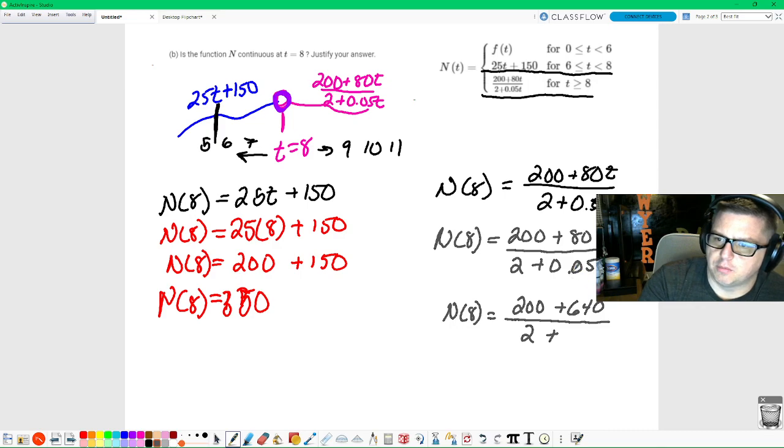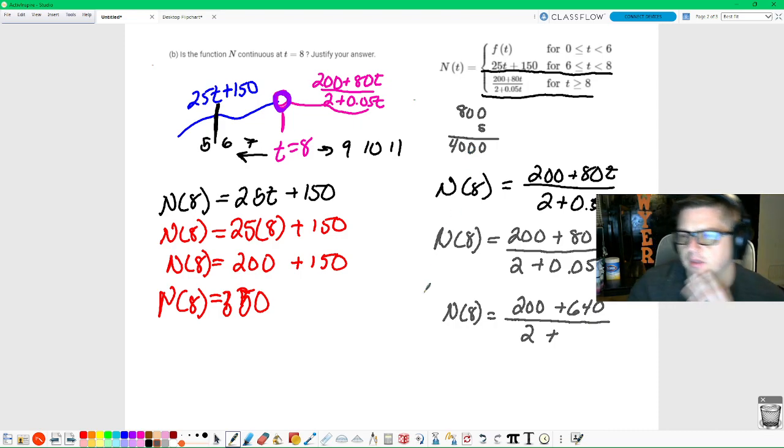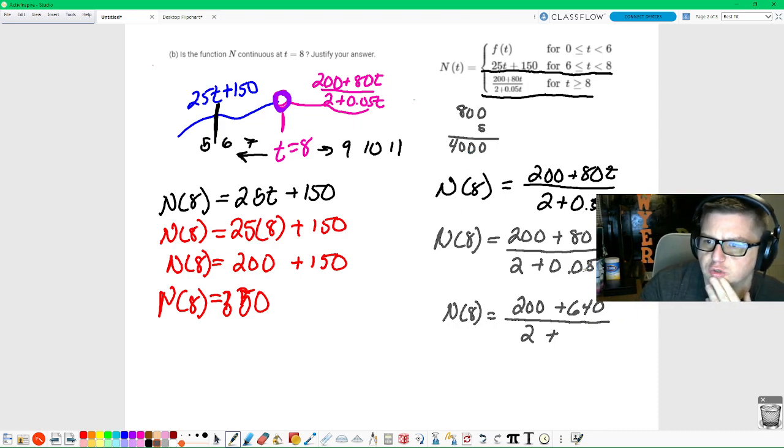So if I move the decimal 2 spots and I move the decimal 2 spots, I'm really doing 800 times 5, which is 4000, and then I had 1, 2 numbers behind the decimal.